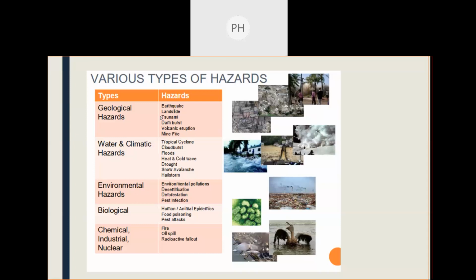Return period is simply the reciprocal of the probability of occurrence. Suppose you say that a flood is of 100-year return period.